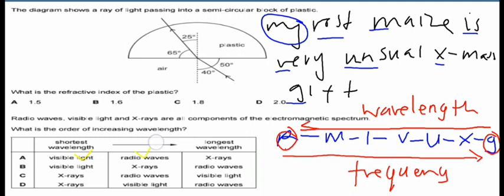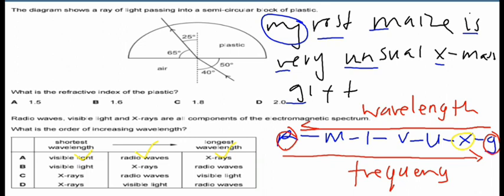The radio waves are followed by the X-ray. Now X-ray, they have lower wavelength. Here they are saying we need to have the longest wavelength. So option A is not the answer.